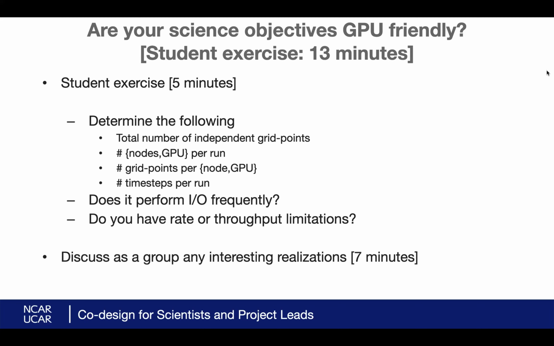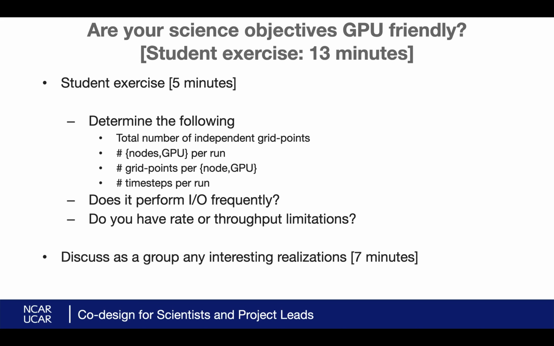And do you have a rate or a throughput limitation? So that's my question. It's a kind of naive question. What's the rate and throughput? Well, a rate limitation would be if you're doing numerical weather forecasting, and you want to do a 5-day simulation, and you want to be able to produce it every 3 hours or something like that.